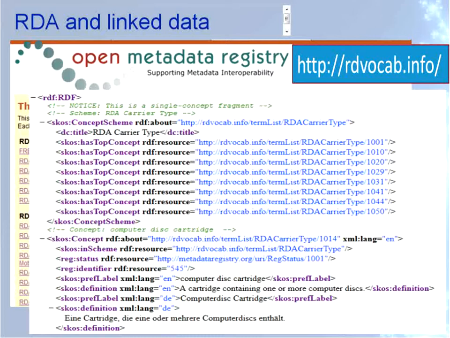Quite a few of the controlled terminology vocabularies have been published in a form suitable for linked data, and you can find those in the Open Metadata Registry as well. So there's already compatibility for this new way of looking at things in RDA, and Joint Steering Committee expects that will be further developed within RDA over the next year or two.